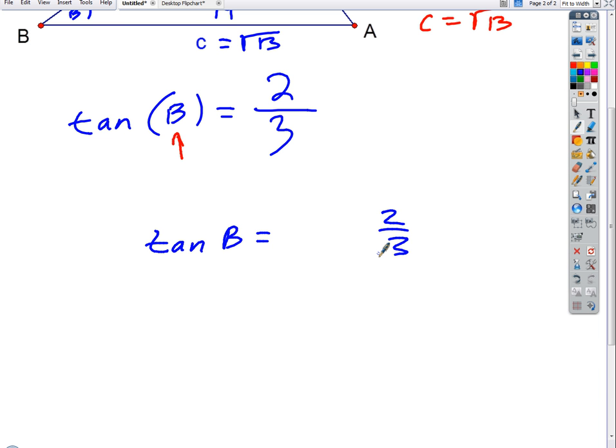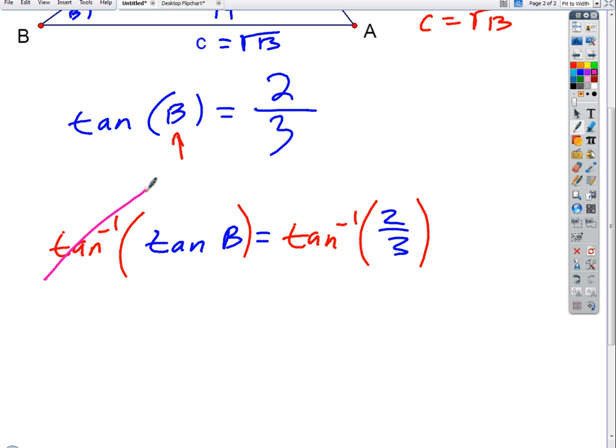For cosine, it's inverse cosine. For tangent, it's inverse tangent. Here's what it looks like. So if I take the inverse tangent of both sides, here's the job of inverse tangent. The job of inverse tangent is to cancel out a tangent. So what that leaves me with on the left side is just a plain old B.